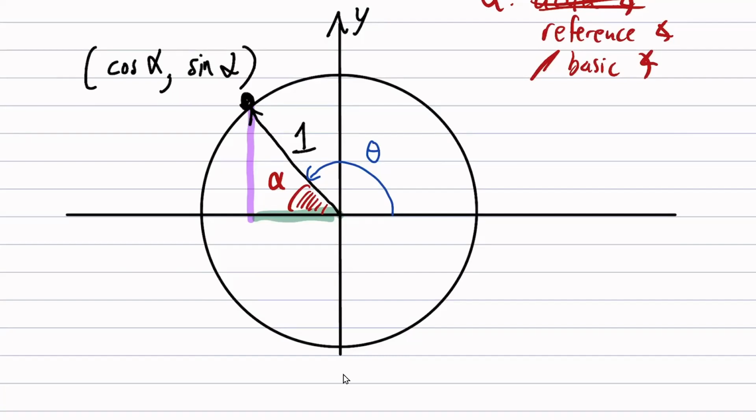But then there's a problem. Which one should be negative, x or y? X should be negative, because it's towards the left of the y-axis. So you actually need to introduce an extra negative sign in front of cosine alpha. Is that clear?